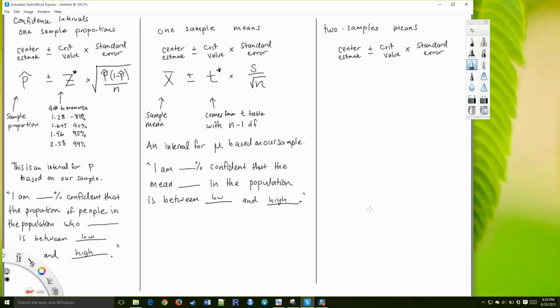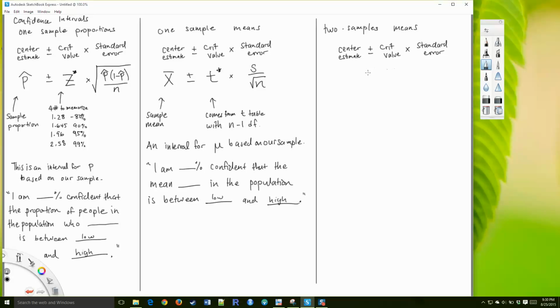We say no, we don't have evidence that it's not 20. If 20 is outside the interval, we say we do have evidence that it's not 20.